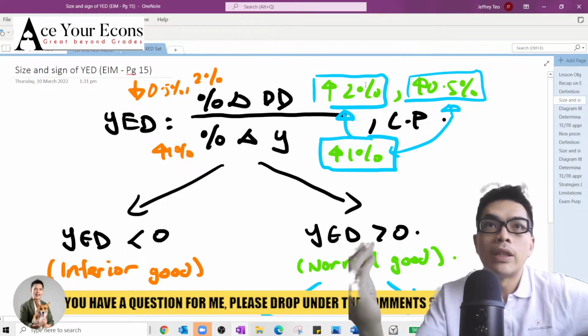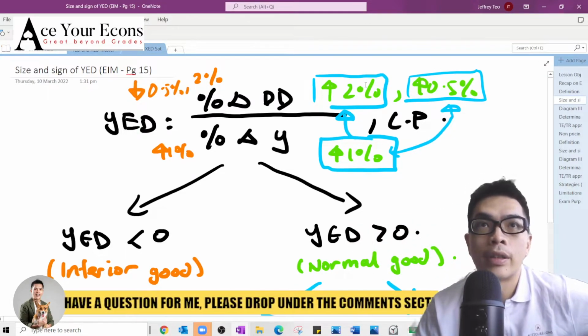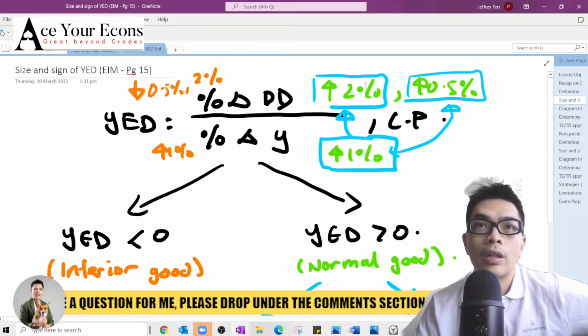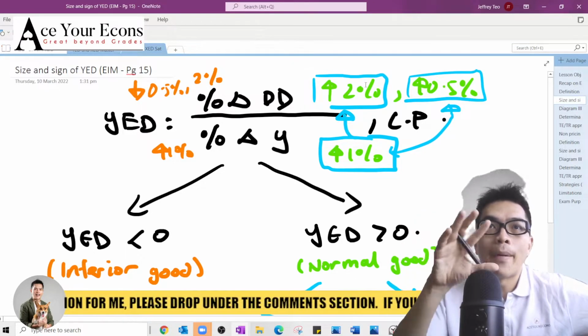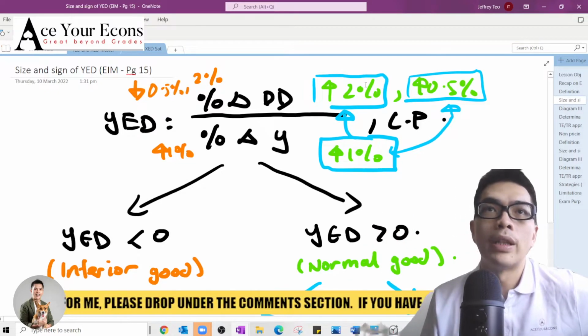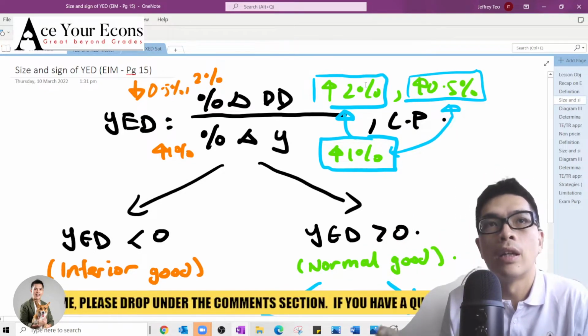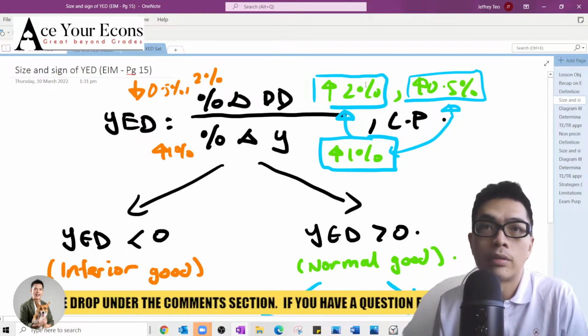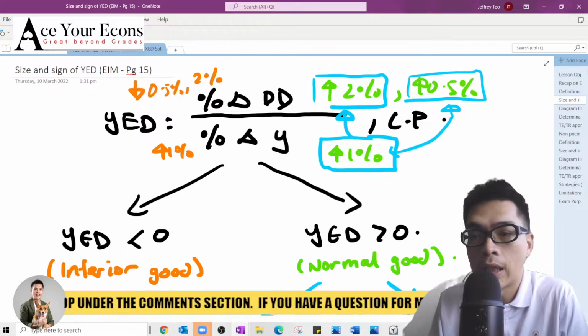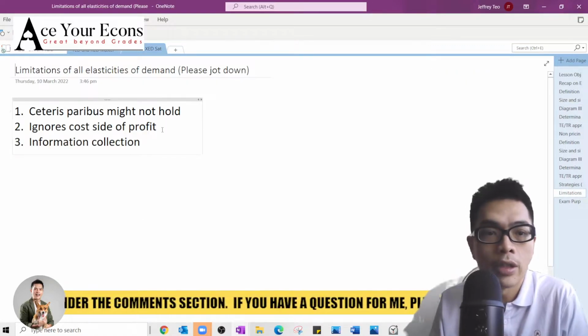But what happens if there are other factors present, like taste and preference, like expectation of future prices? This is what happens when ceteris paribus does not hold. When there's more than one factor in place, we cannot isolate the effects on YED. It's going to be the same for PED and XED.